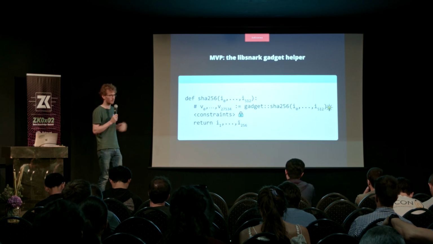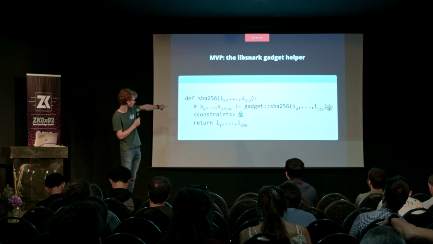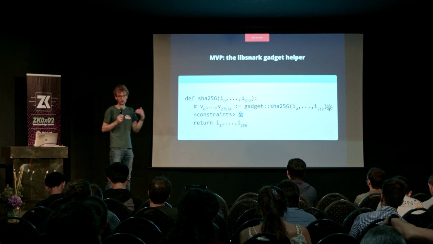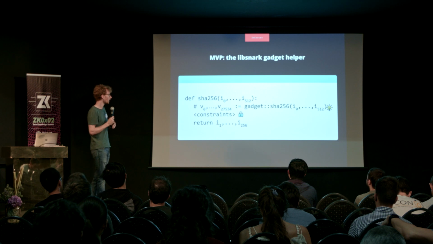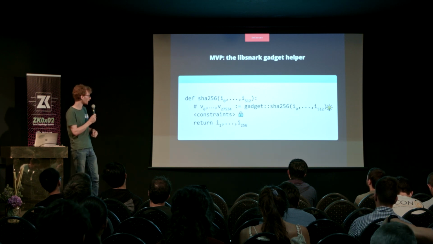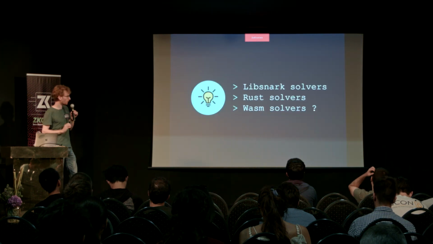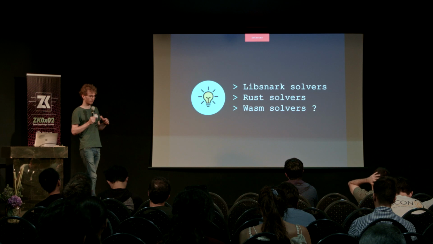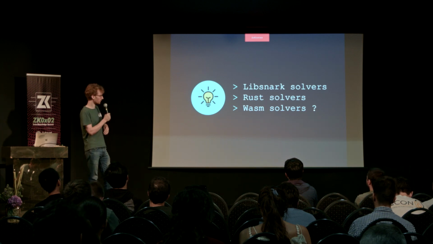And then we can just verify those constraints. And in the end, we just return whatever subset of all the intermediate variables is our actual output, in this case, the 256 bits. So we have this in ZoKrates, and that's the first step that we took in this direction. But we actually want to go further to have a real way for systems to interoperate.